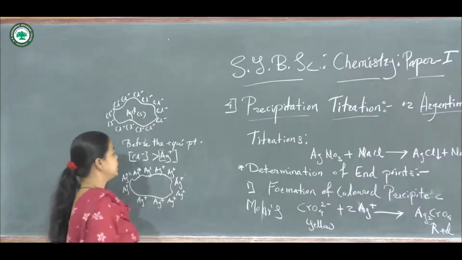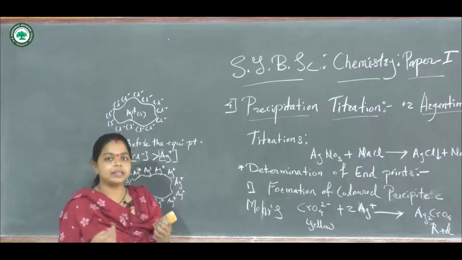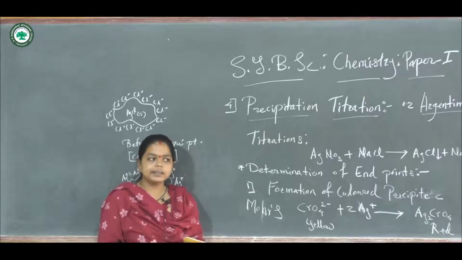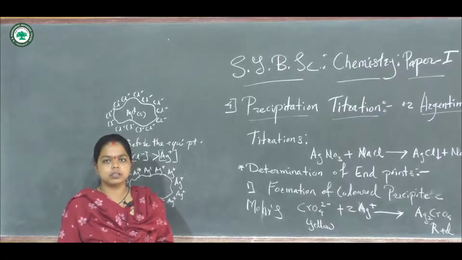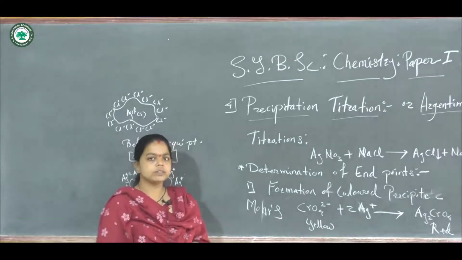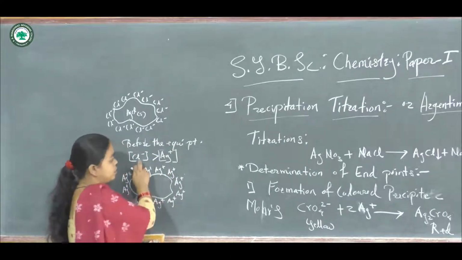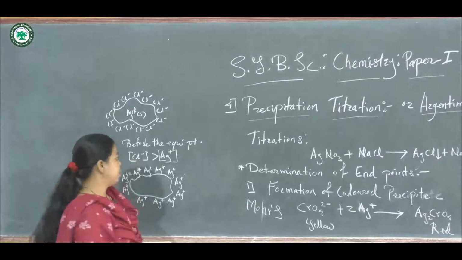Before the end point, the chloride ion concentration is higher, because chloride ion is present in the conical flask at higher concentration, and we are adding the silver nitrate solution from the burette. So the chloride ion concentration is found to be more than the silver ions before the end point.